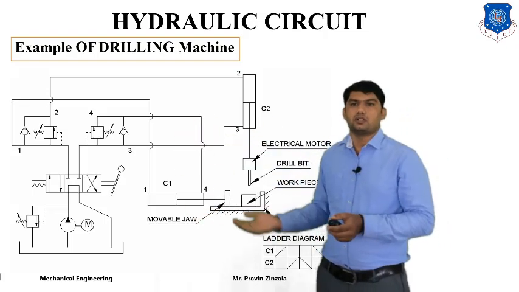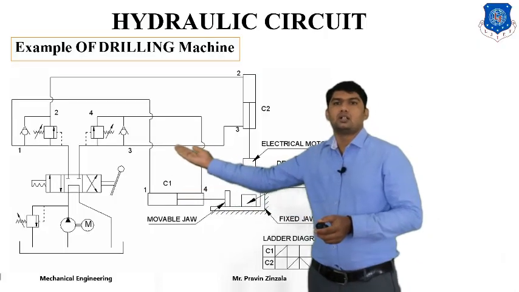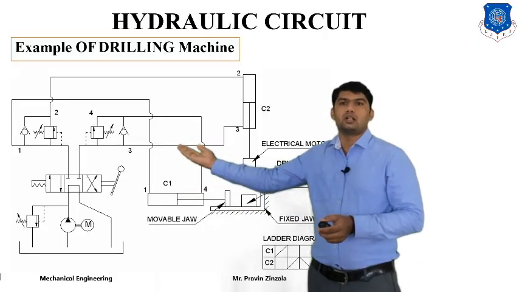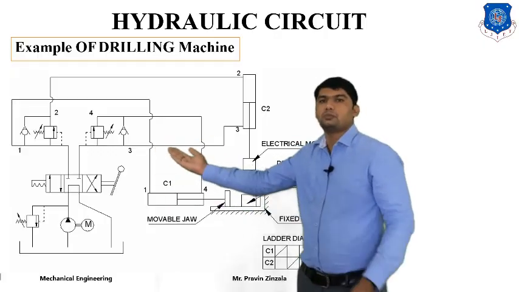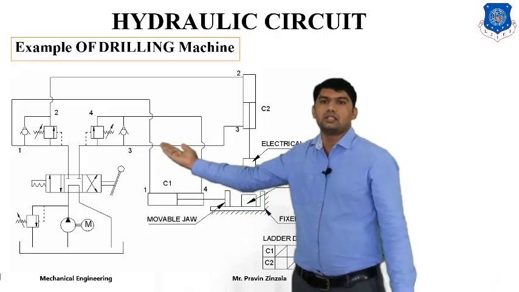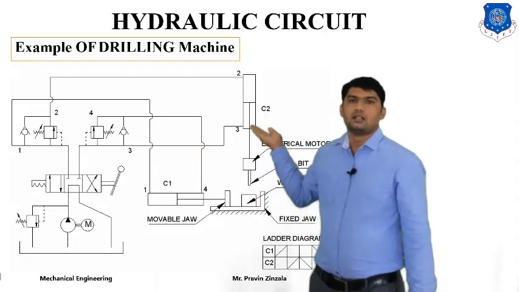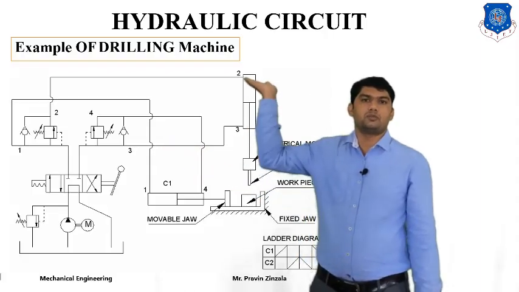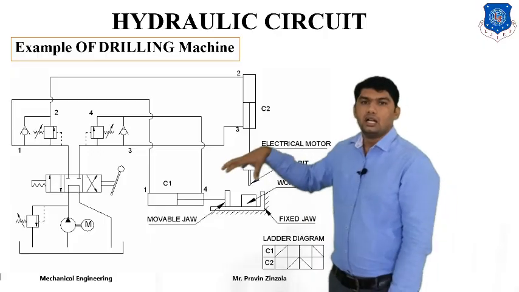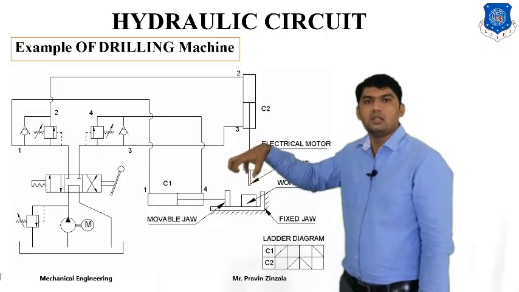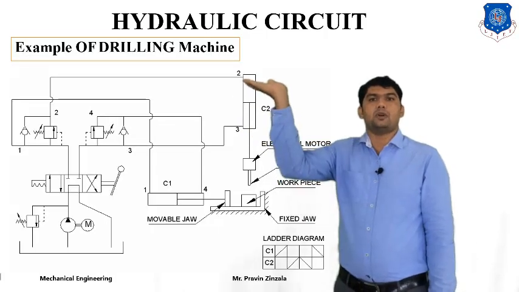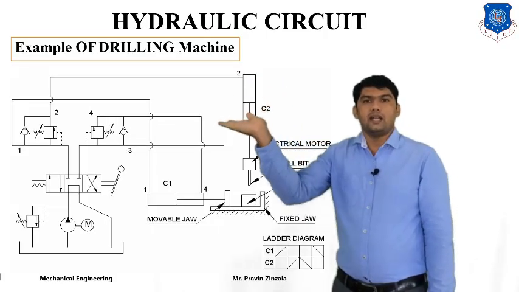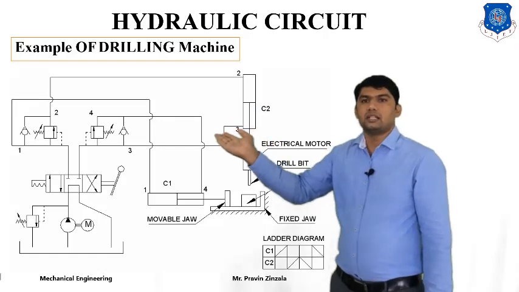In the second position, P will be connected to operation number 3, meaning this line. Whenever pressurized fluid passes to point number 3, it goes to the retraction side of cylinder number 2, so our drill bit will move upward, and at the end of the upward movement the line pressure will increase.